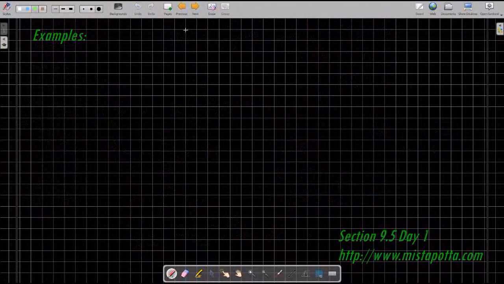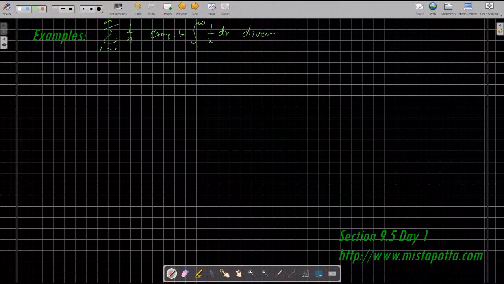Now we've already dealt with the sum of 1 over n, because what I'm doing here is if I take a look at this from 1 to infinity, I'm comparing it to the integral from 1 to infinity of 1 over x dx, which we've seen several times, and it diverges.